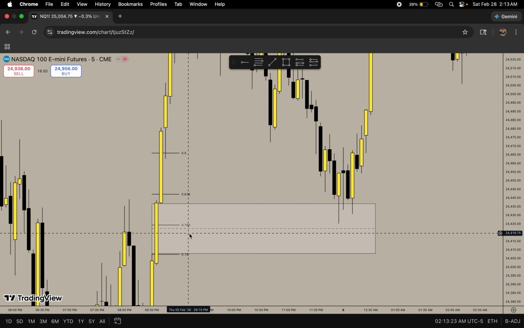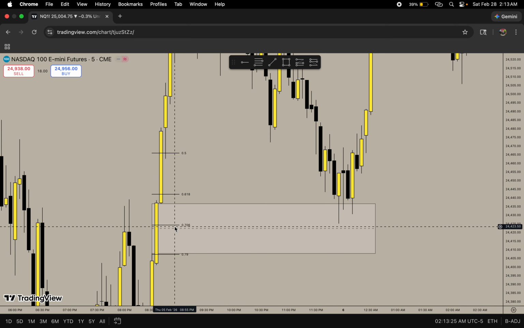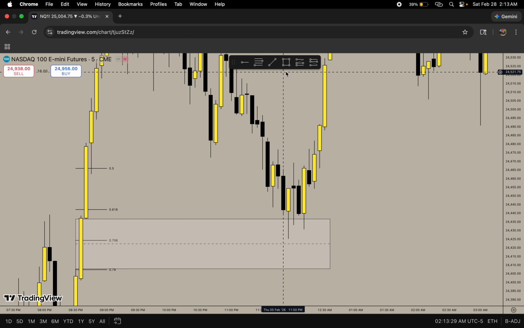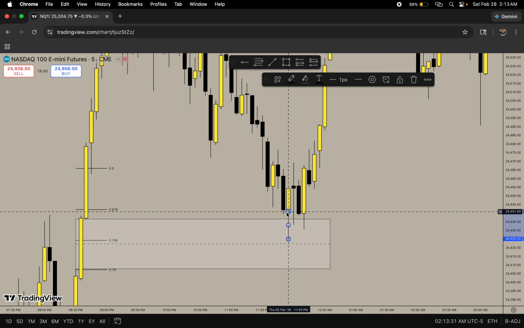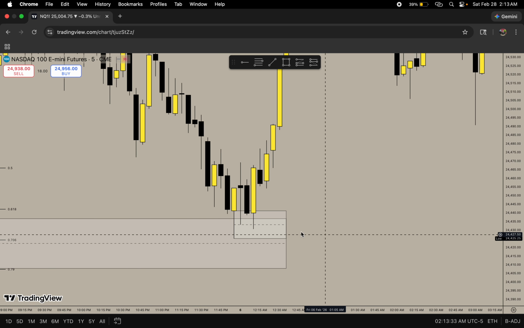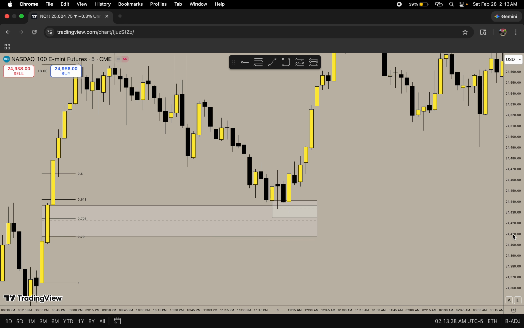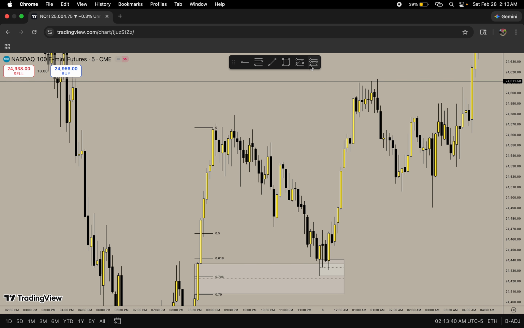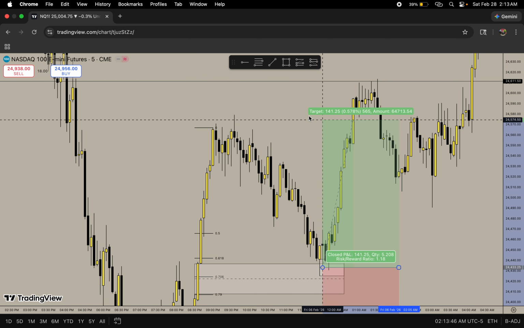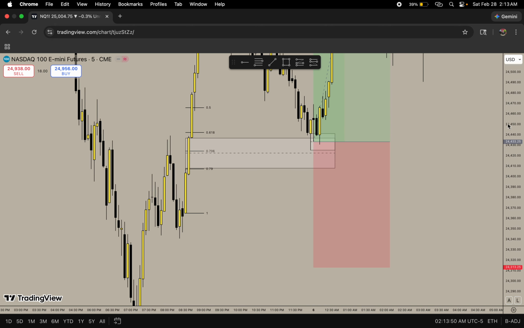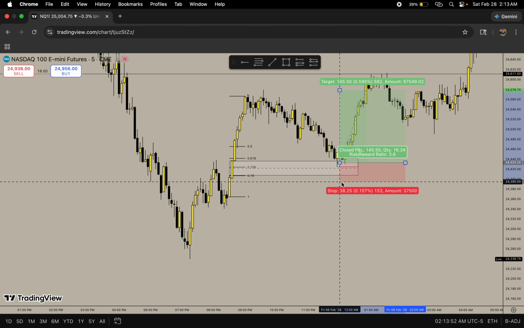Price trades into this area, 618 to 706. Rejects. Could have entered here to target these highs. 10-point stop.